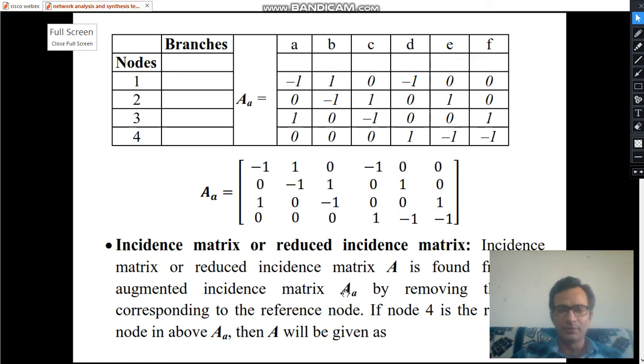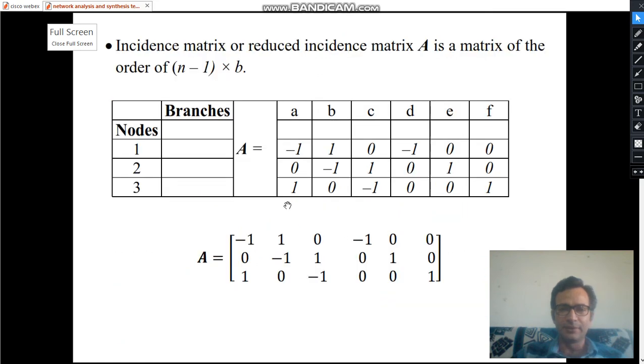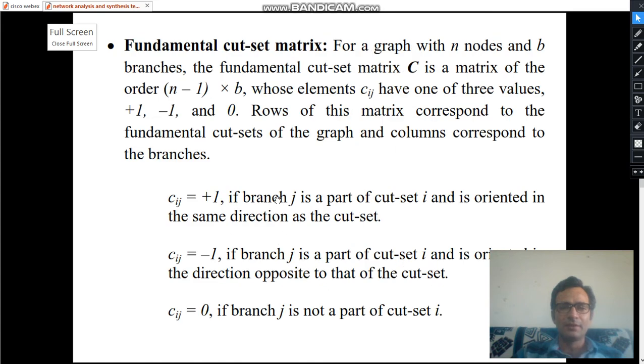Any of the rows can be deleted and that particular node will be the reference node. If node 4 is the reference node in above A augmented, then A will be given by simply deleting the last row like this.